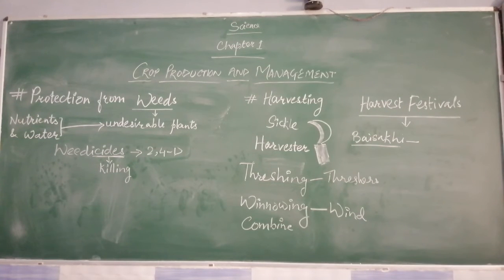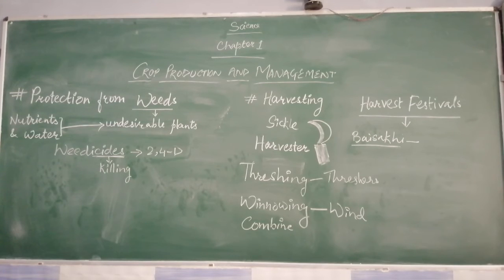Again, we have a method known as winnowing. Now, what is winnowing? Winnowing is a method used by the farmers with the help of wind to separate the grains from the chaff.